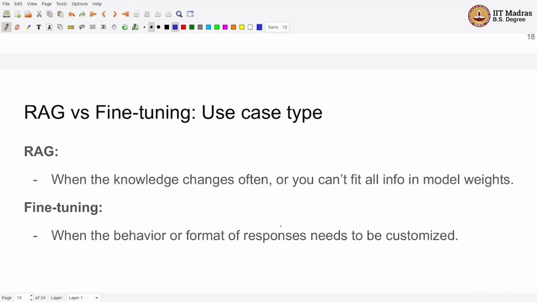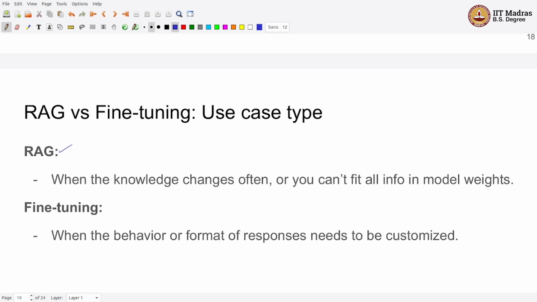The next difference comes in the scenario, the use case in which you want to apply either of these two. As I told you, RAG should be used in a scenario where the knowledge keeps changing. If something keeps changing, you can't keep retraining, so RAG is a better option.